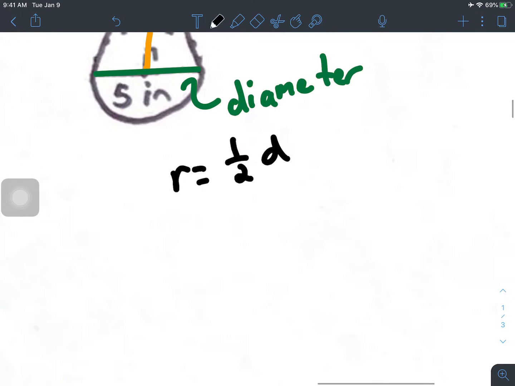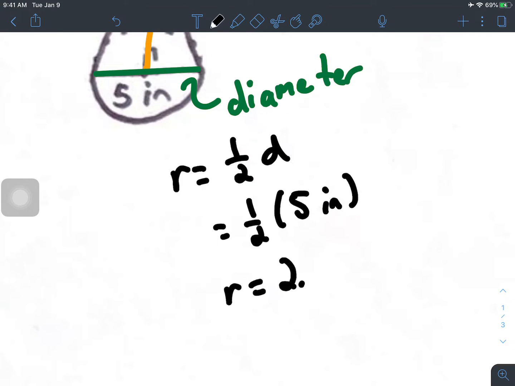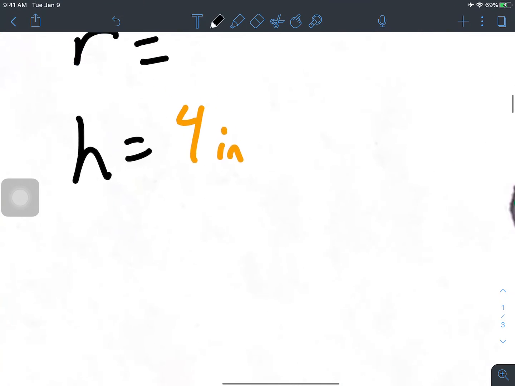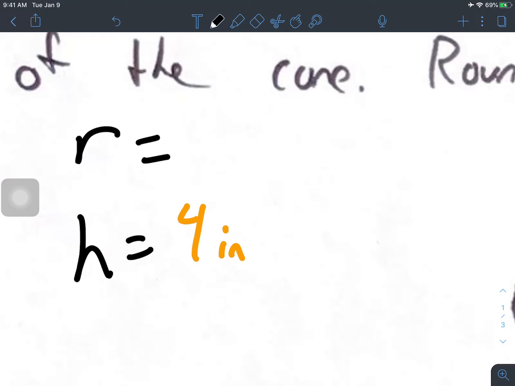So if the diameter is 5 inches, that means the radius would be 2.5 inches. We're going to come up here and use 2.5 inches. Now I have all the information that I need to help me solve this problem.